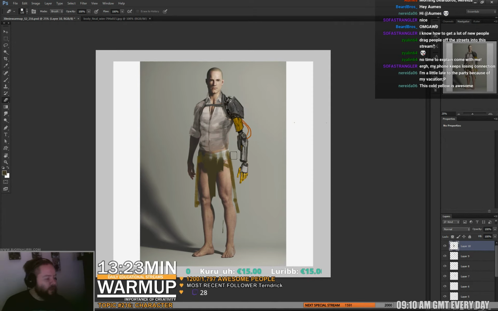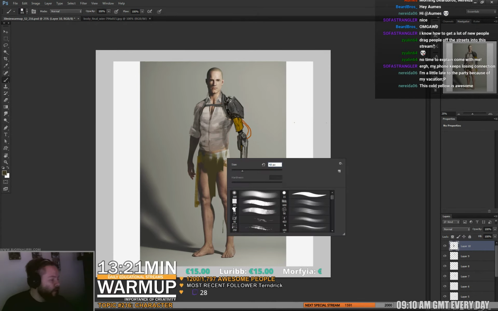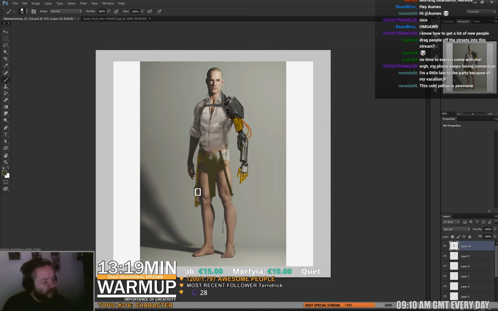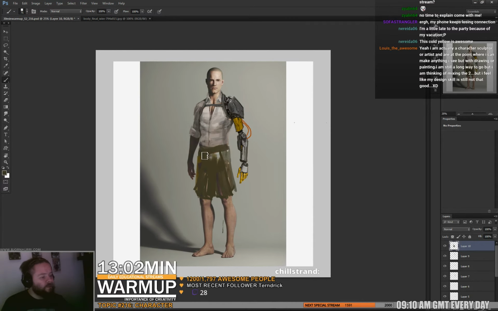Multiple purpose. All right, we could maybe give him suspenders, and maybe give him weird kind of cargo type pants.